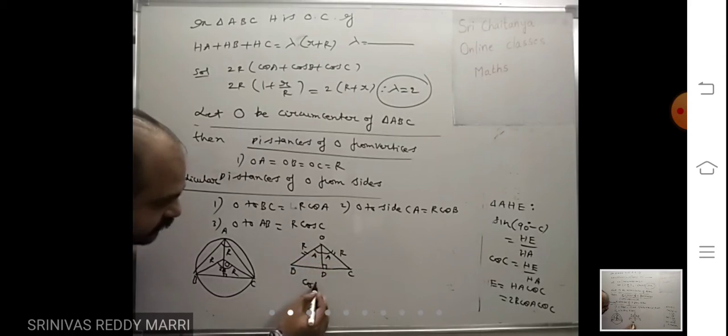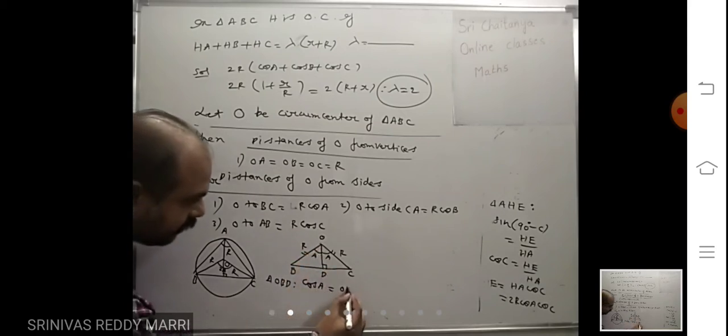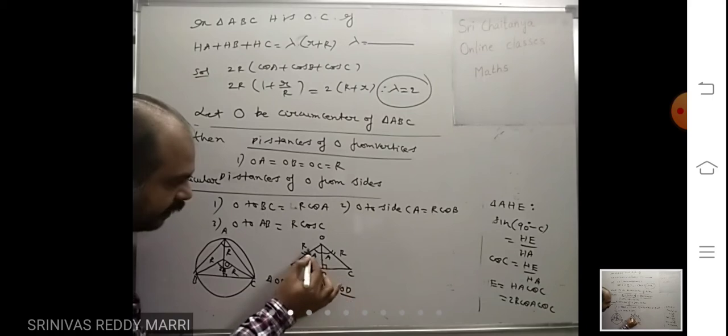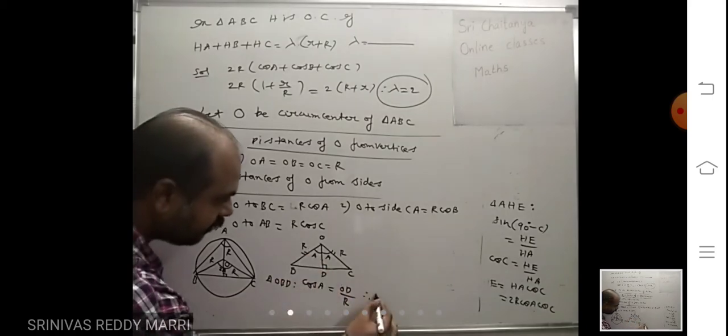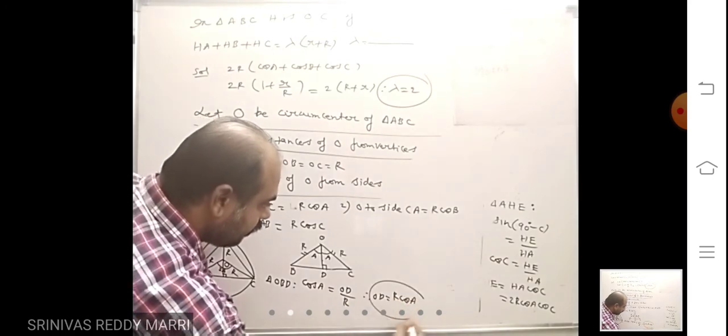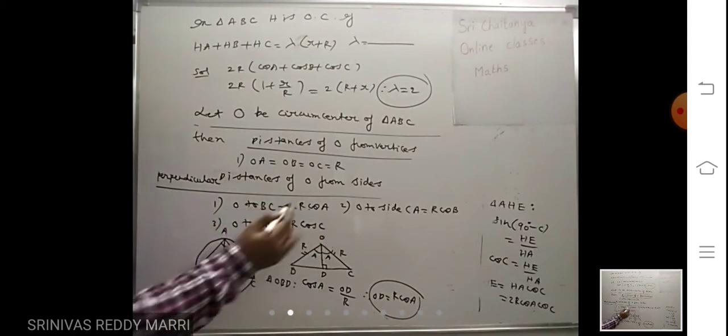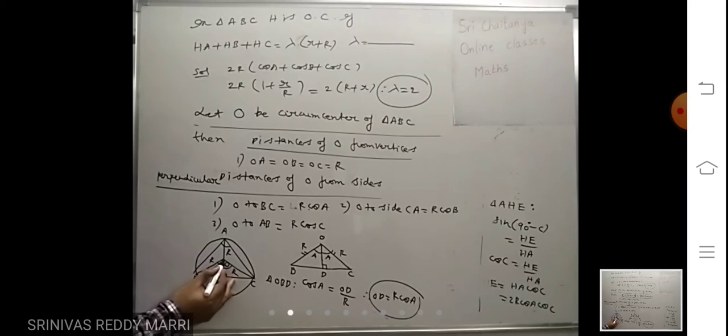I am writing cos A from triangle OBD: adjacent side OD divided by hypotenuse R. Therefore OD is nothing but R cos A. So the perpendicular distance from the circumcenter to the side BC is R cos A. Similarly here, from O to side CA, this is the one.